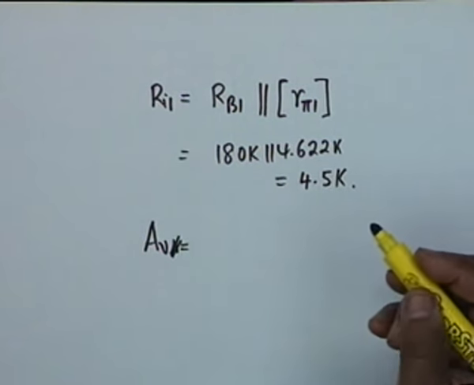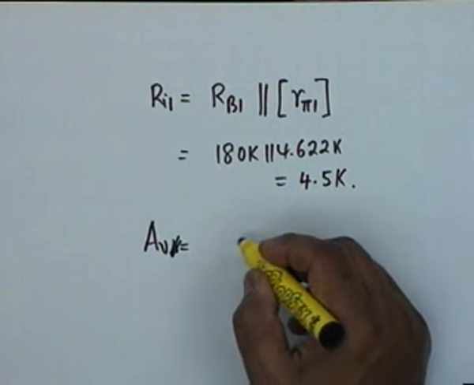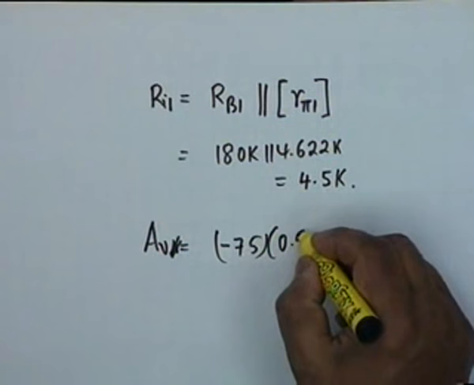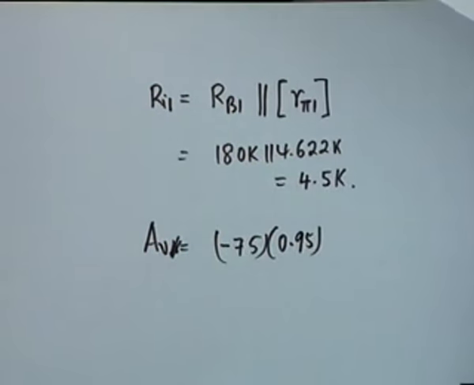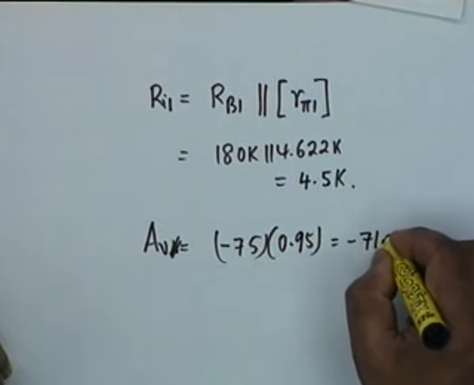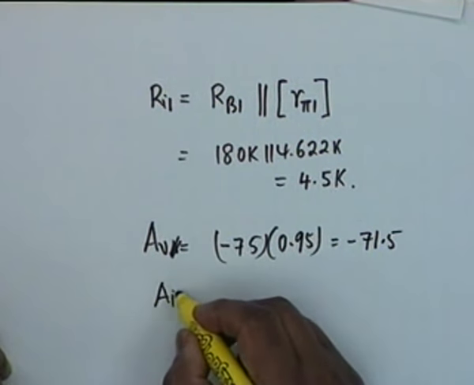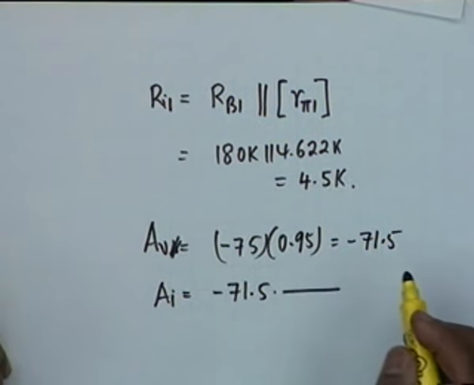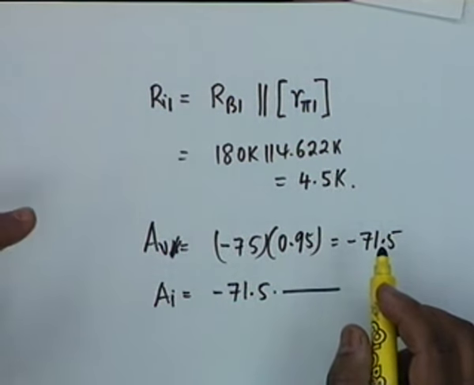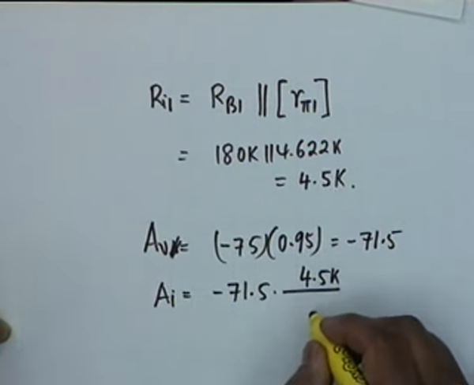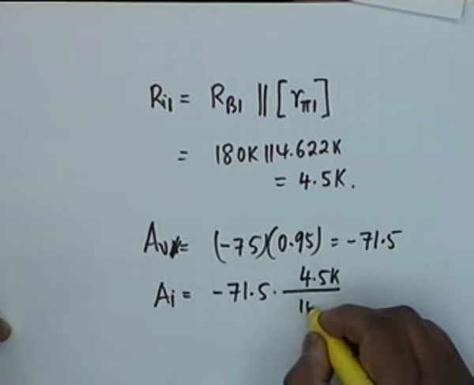The total voltage gain is simply the product of AV1 and AV2. So minus 75 multiplied by 0.95 is minus 71.5, and A sub I is AV, that is minus 71.5 times Ri1. This is why I declared Ri1. 4.5K divided by RL. What is RL? Overall RL, 100 ohm.